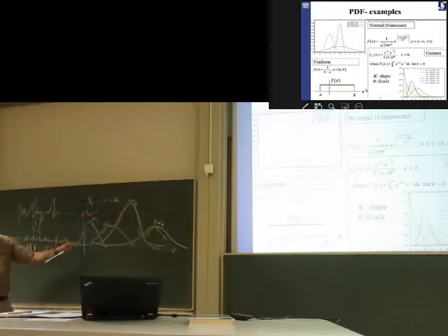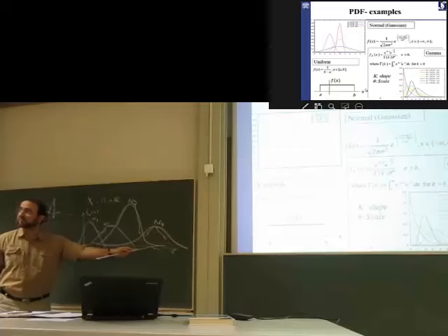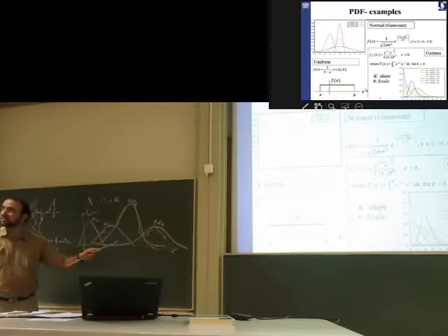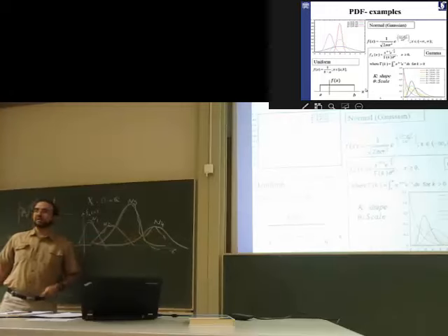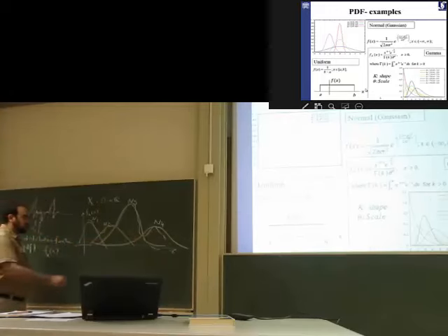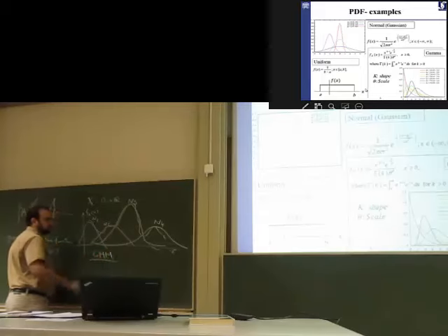We have 4 normal independent PDFs with different scales and shifts summed up together, and it can be, for example, a very good approximation of such kind of unknown PDF. That's called Gaussian mixture models.